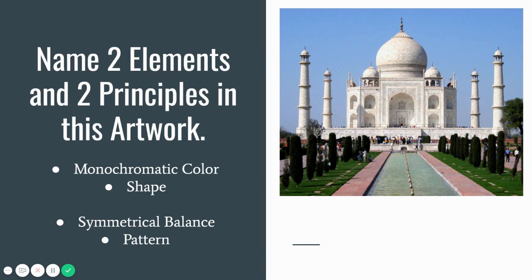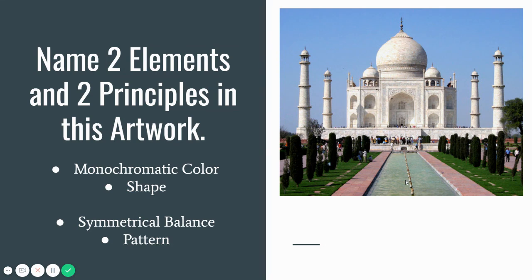And then for my principles, I chose symmetrical balance. So the Taj Mahal, this is the Taj Mahal, is not just symmetrically balanced, but this is a lovely example of complete mirror image balance. If I were to split this literally right down the middle, the left side would completely and perfectly mirror image the right side.